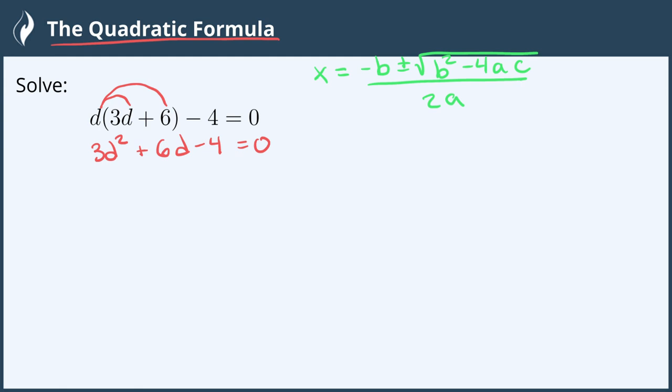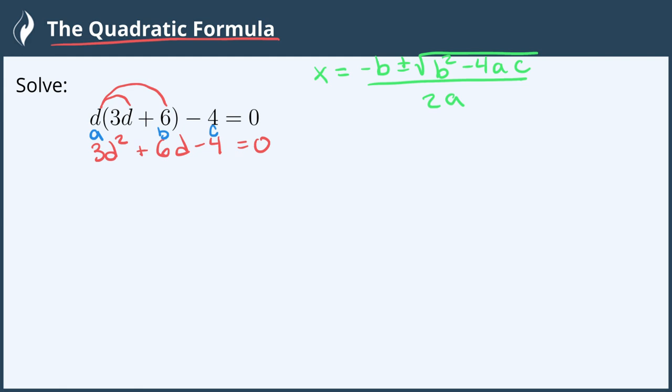Descending meaning that it goes from the squared to the not squared to the term without the variable. So in this case, the coefficient in front of the variable squared is a. The coefficient in front of the variable without the square, just the variable, is b. And the coefficient or the term without the variable is c. And then we just plug that all into our formula.